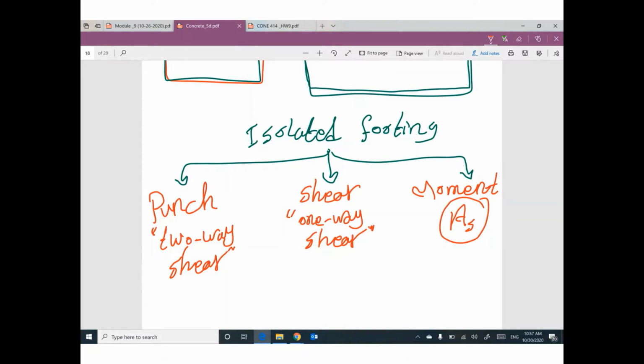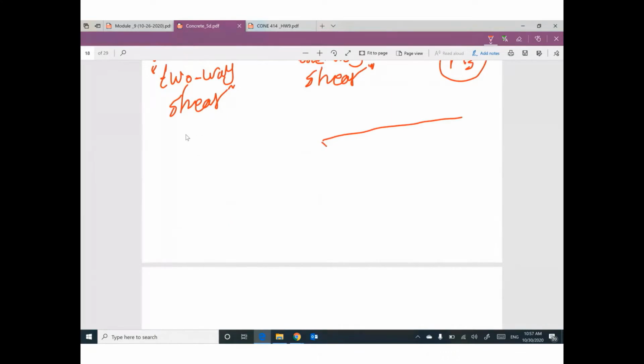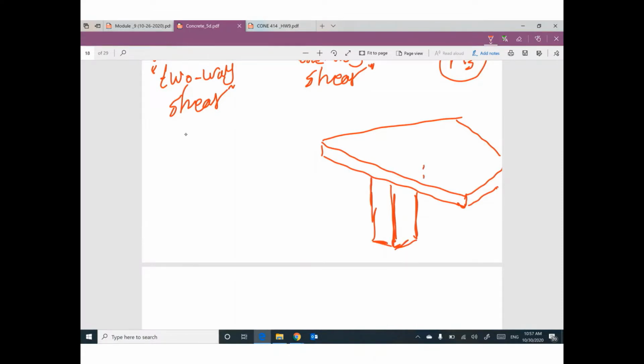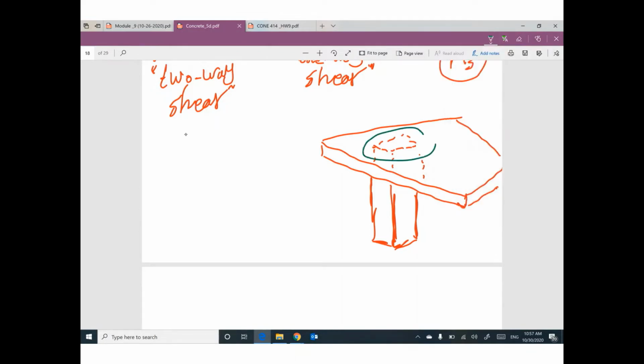Punch. I told you before something about punch. Do you remember when I told you if you have a one-way slab and this slab is supported by a column, this column can make punch in this slab.